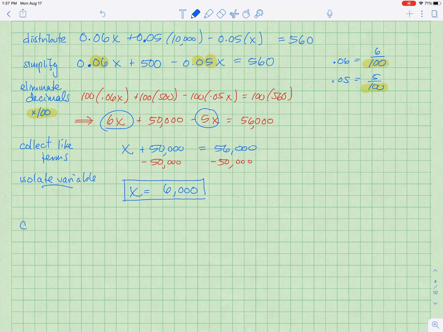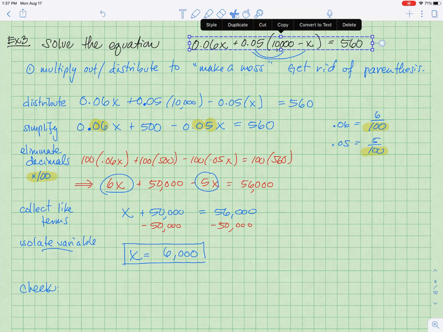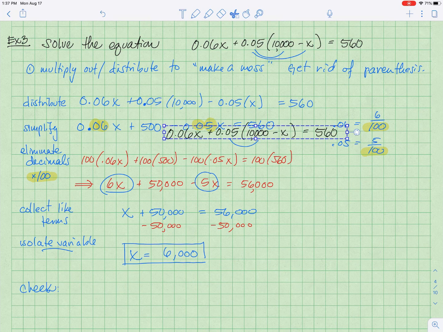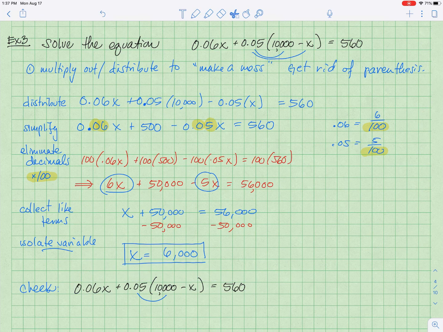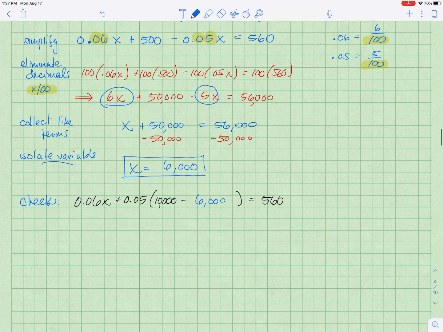And then I guess finally here we can check our work. Let's grab this original equation up here. We'll move this over just a little bit. We'll get rid of x and we'll replace x with this 6,000 and see what happens.